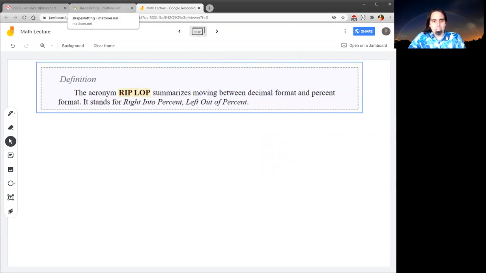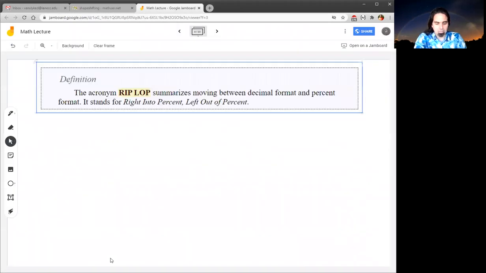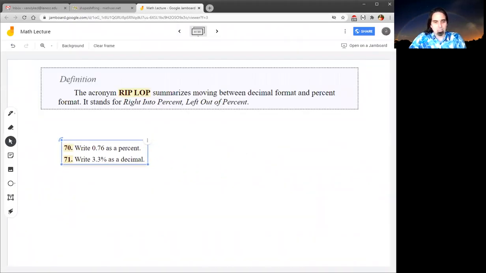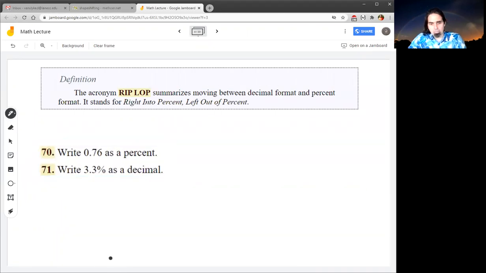So we can then take some easy problems. I have 0.76 and I want to put that in percent format. I'm going into percent format, so that's to the right. I might even write something like that to remind myself I'm going right into percent.